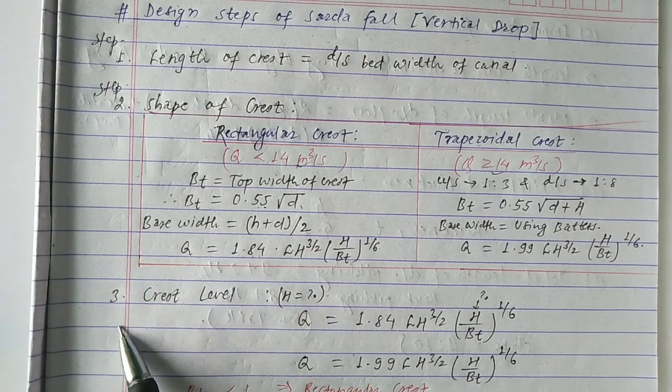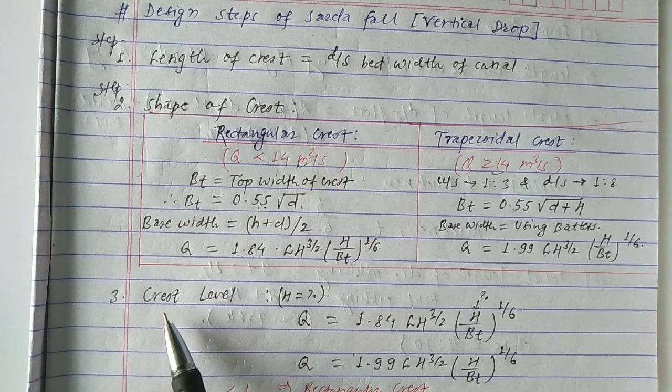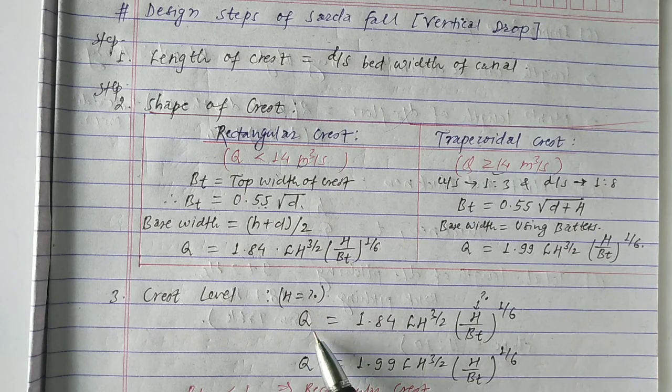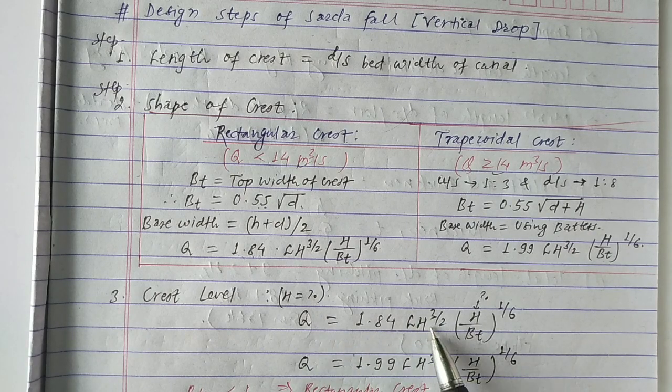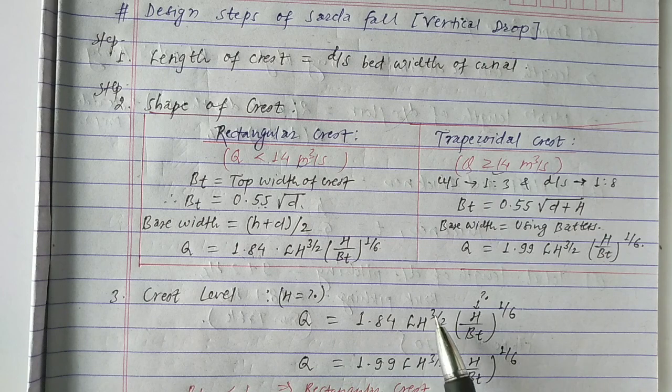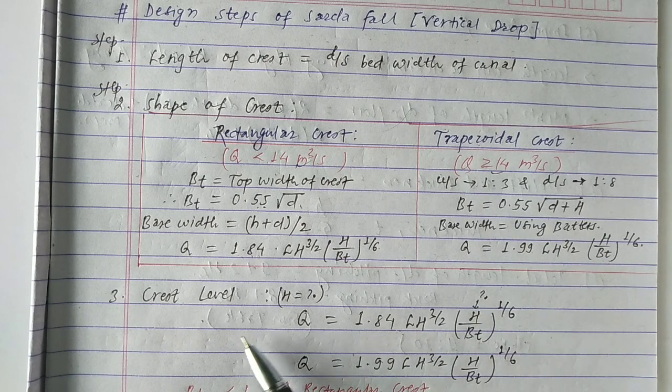Then in step number 3, we have to calculate the crest level, that is, the value of h. Using the formula Q equal to 1.84 and so on, we already have the values of L and Bt, and the discharge is also known, so with the help of this formula we can calculate the value of h, that is, the crest level.